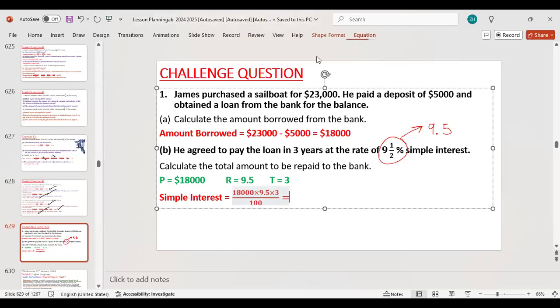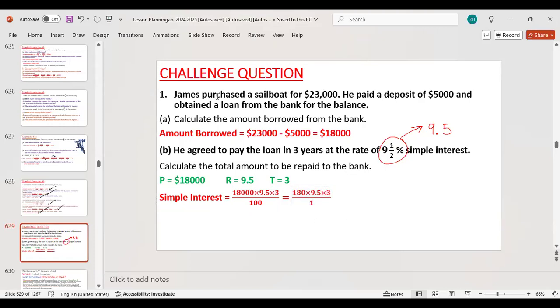If that was me, I would say this is gonna be 18 multiplied by 9.5 multiplied by 180. I was just testing y'all. Just making sure y'all. Okay. Yes, I agree. Thank you so much for understanding.